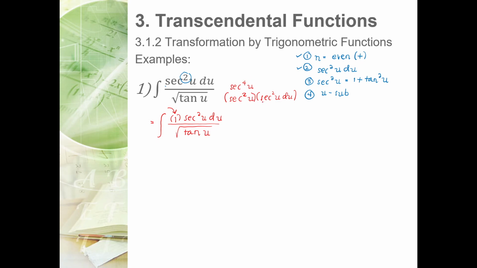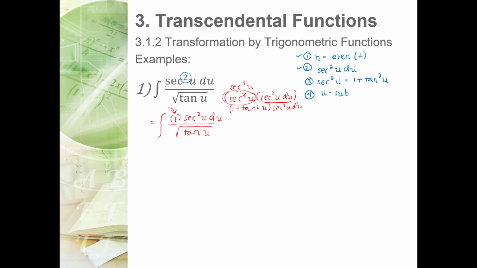Now, this one is the factored term in the second step, so we don't have to deal with it up until the u sub technique. In the third step, this only applies if there is a secant squared term left in the equation. So for example, this one will become 1 plus tangent squared u, and then the factored term secant squared u du. So that's the case for secant to the power of 4.